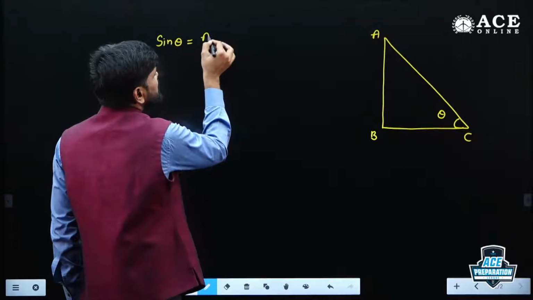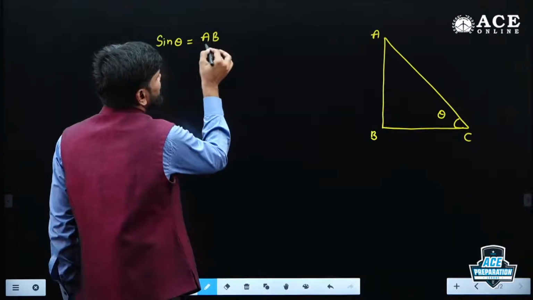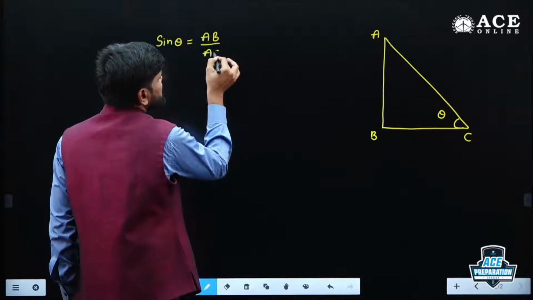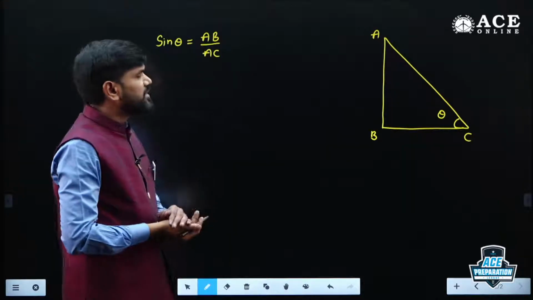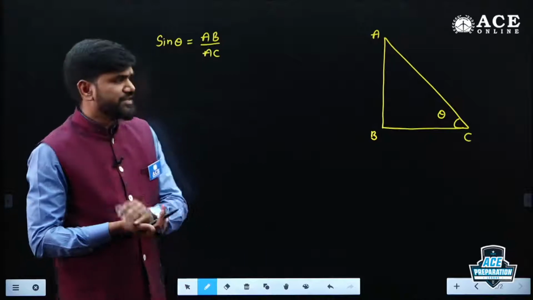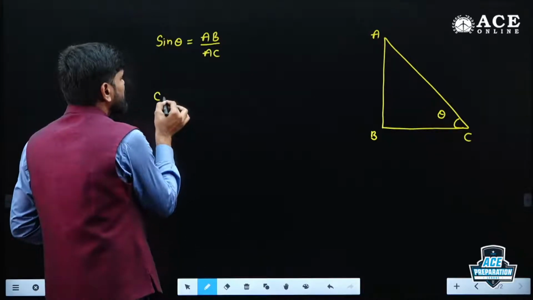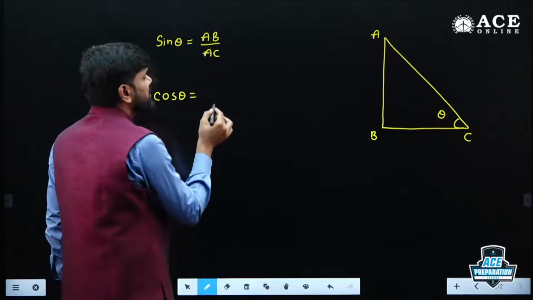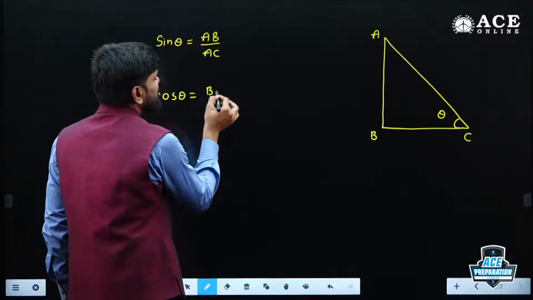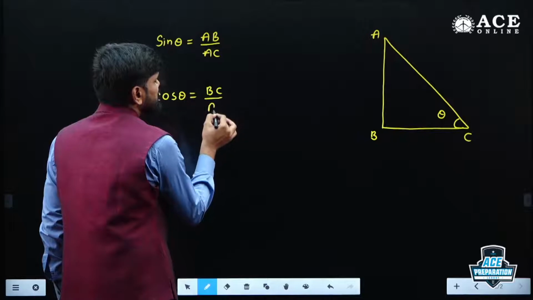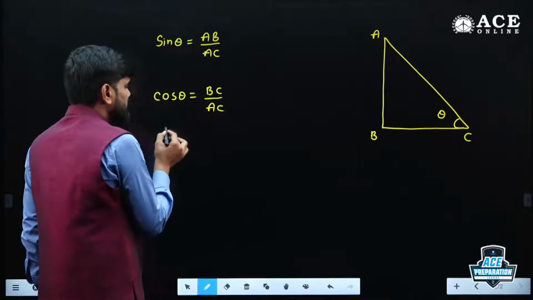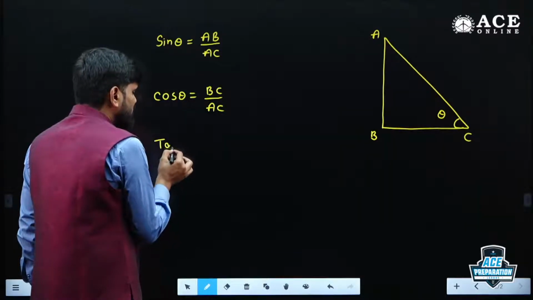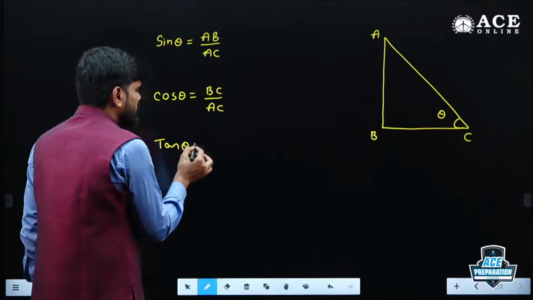Opposite here is AB, hypotenuse is AC. Similarly, cos theta is adjacent side by hypotenuse, that is BC by AC.